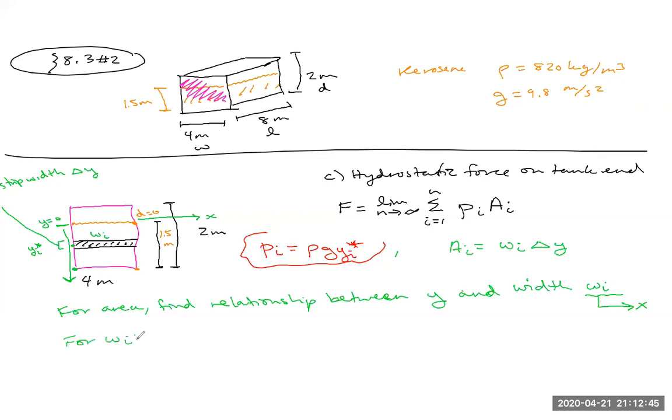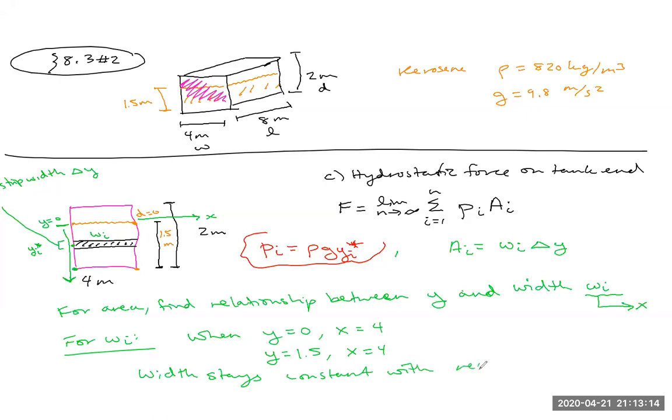So for w_i, when y is equal to 0, what is your width? The width is 4 meters. When y is equal to 1.5 at the bottom, the width is still 4 meters. So the width stays constant with respect to depth.